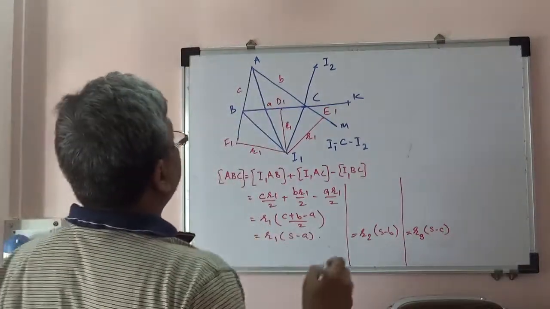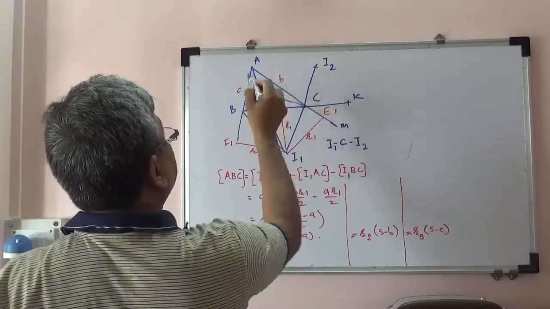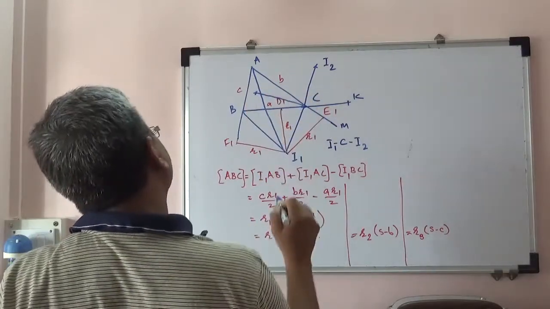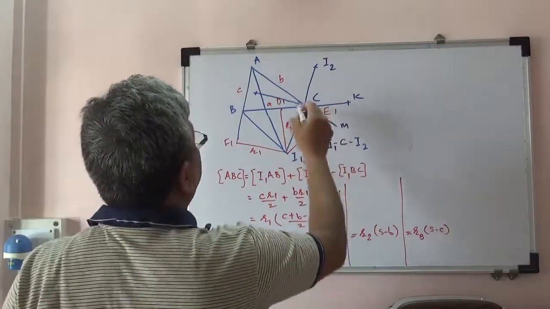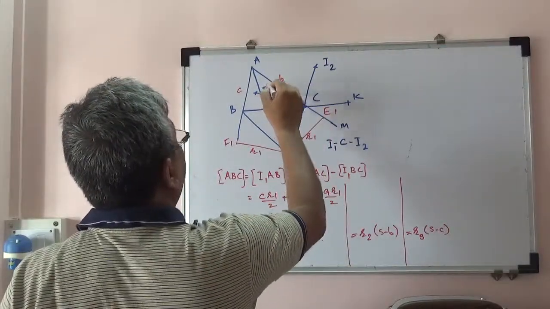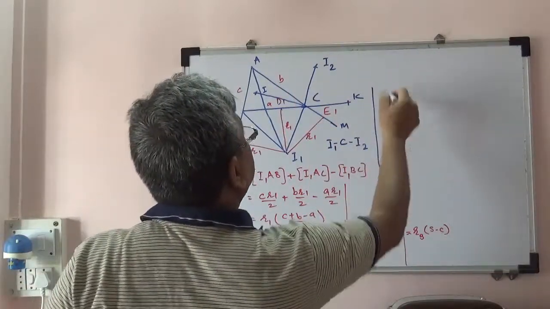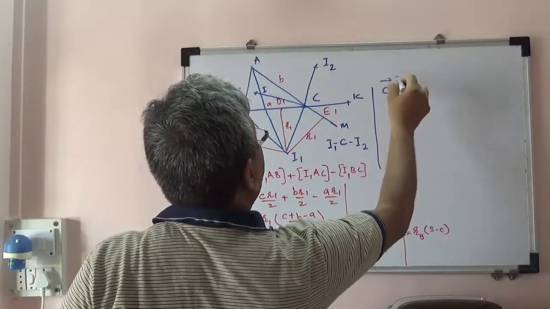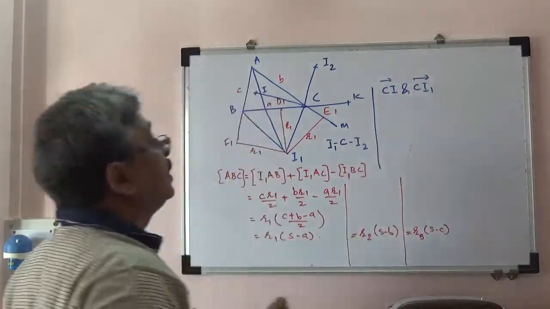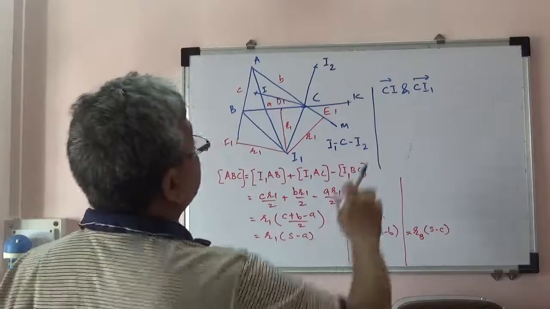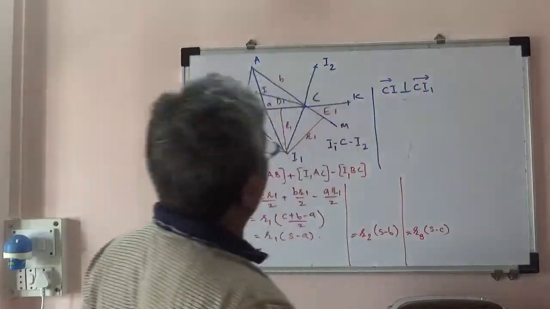Another thing that needs to be proved: we already know that if this is the internal angle bisector, this is I. So ray CI and ray CI1 are supposed to be perpendicular to each other. CI and CI1 are perpendicular.